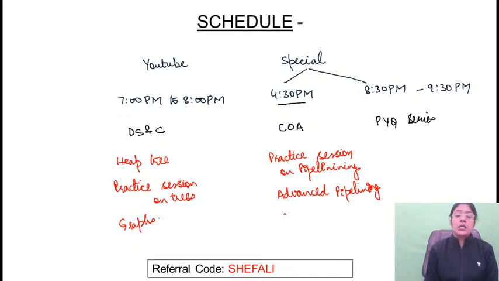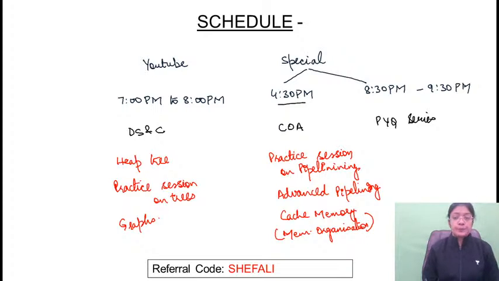Then we'll be learning the concept of cache memory or memory organization. So whatever are the pending topics from COA, these are very, very important topics. So you can follow the sessions.